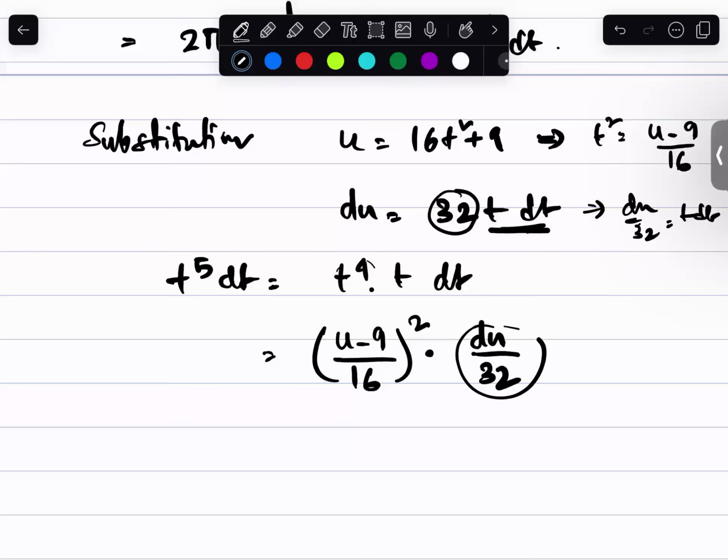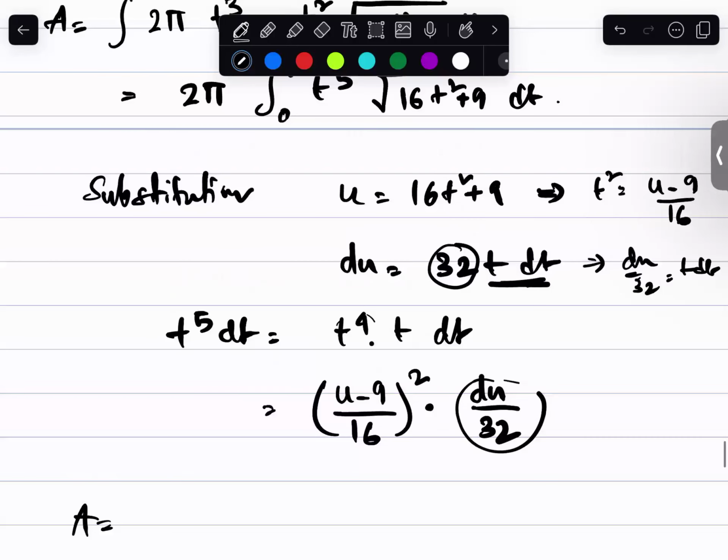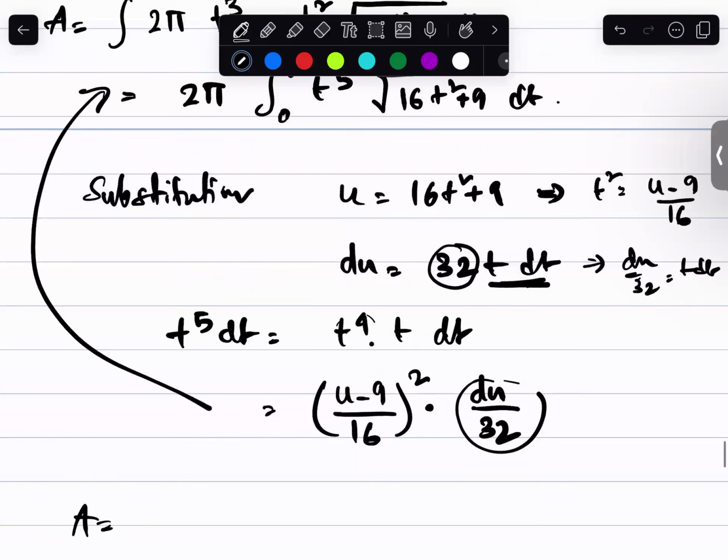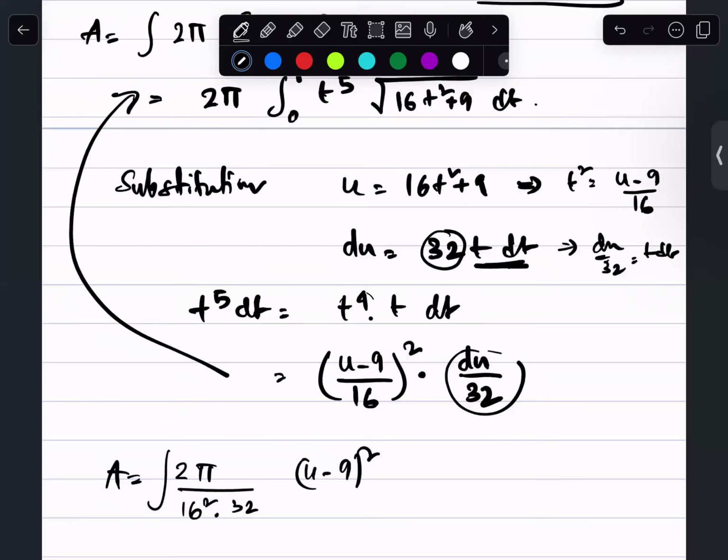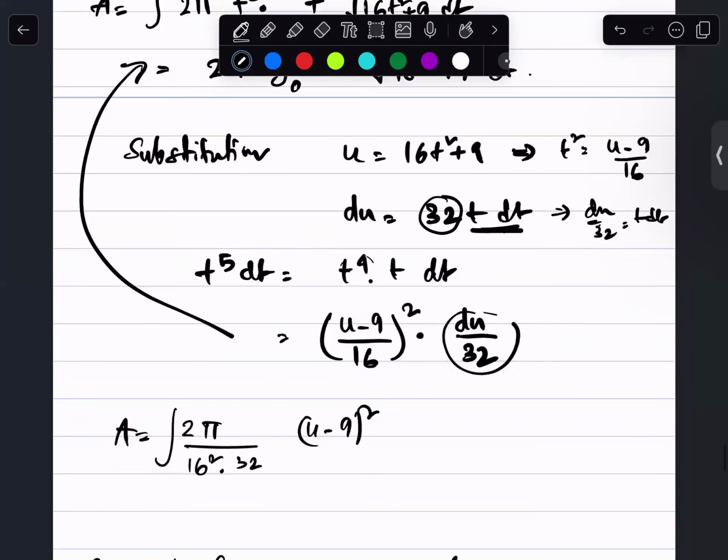Now if I put all of this again there, then I'll get 2 pi integration 2 pi over 16 squared times 32, u minus 9 squared, and then I have u to the half du.